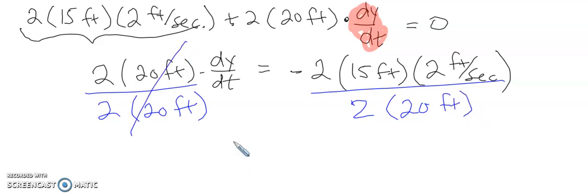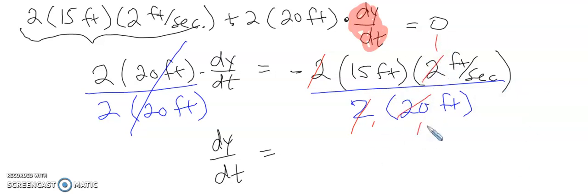So you see that dy/dt, after you simplify, you can simplify out the negative 2 over 2, which becomes negative 1. And then you can even simplify this more. This will be a 1 over 10, right? So you have negative, and now the feet will also simplify.